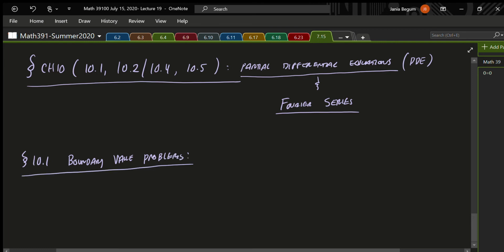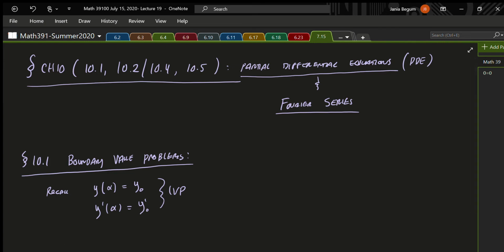All this time we've been talking about initial value problems, where you have, say, y of alpha equals some y naught, and then y prime of alpha is equal to some y prime naught. So this is what we call an initial value problem, right? You prescribe the condition only at one single value for x.